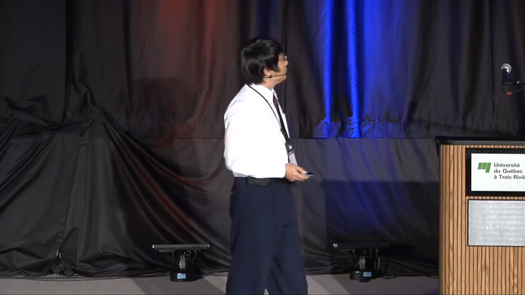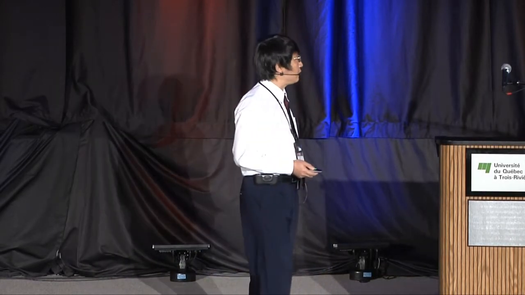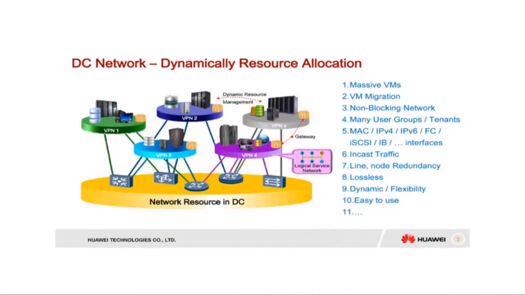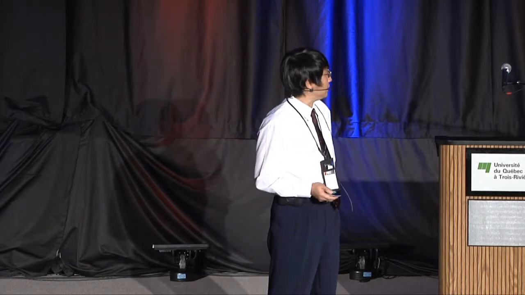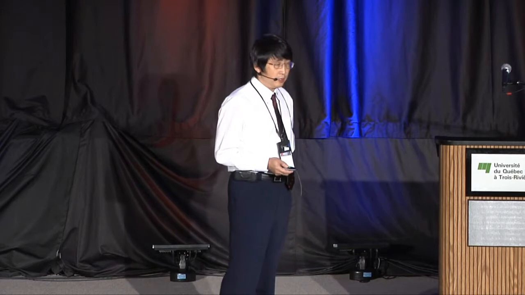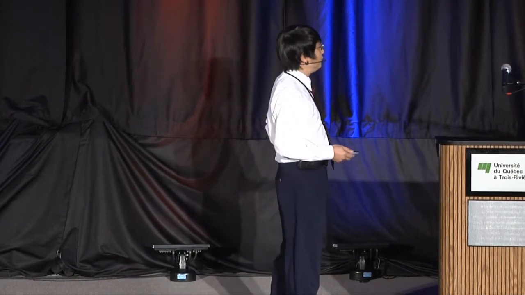From a network perspective, the data center network basically provides dynamic resource allocation functionality, which means the major job of the DC network is to allocate the DC resources, so you build a lot of VPNs based on the requirements.